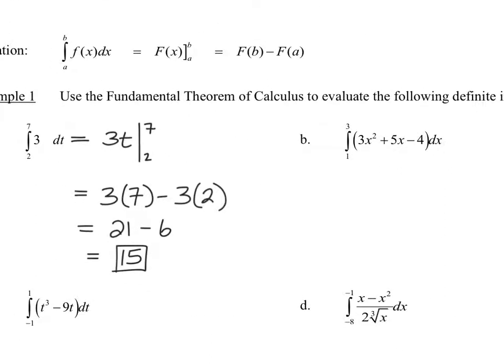All right, something the calculator does for you very easily. If you use Math 9, you just pop in the 2, the 7, the 3, and you can put in whatever variable you want.